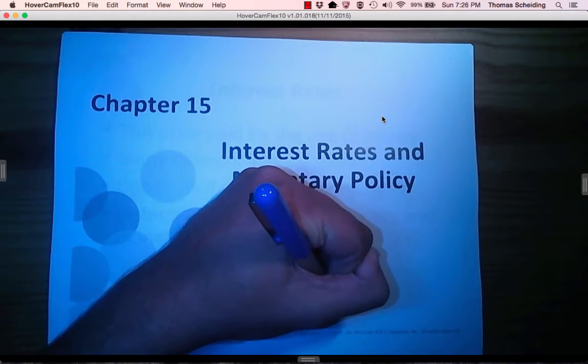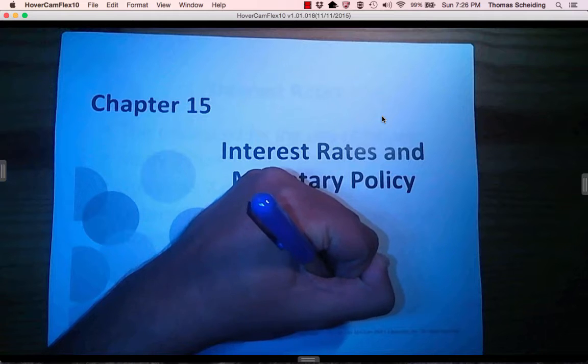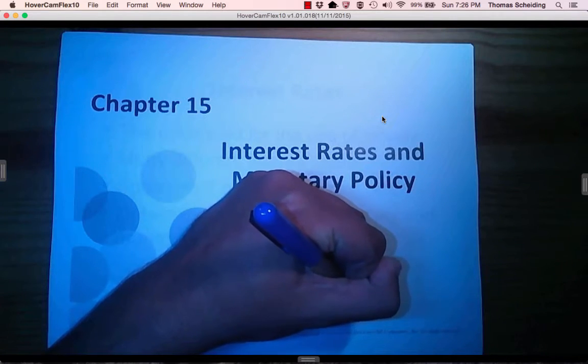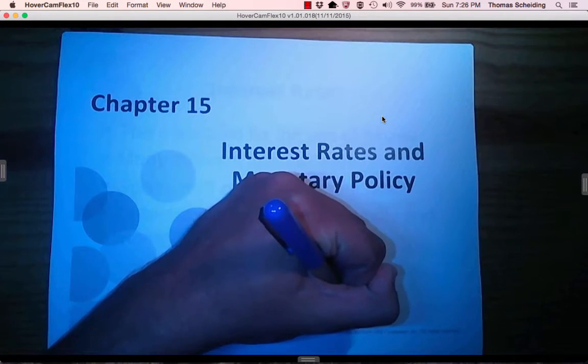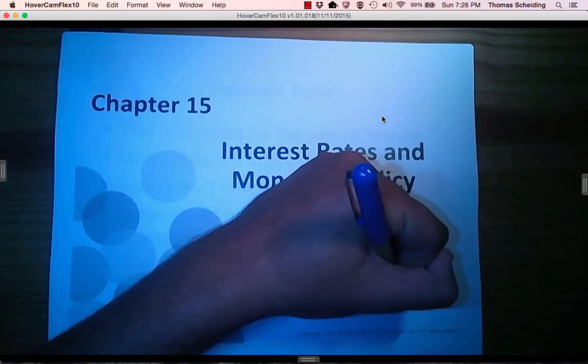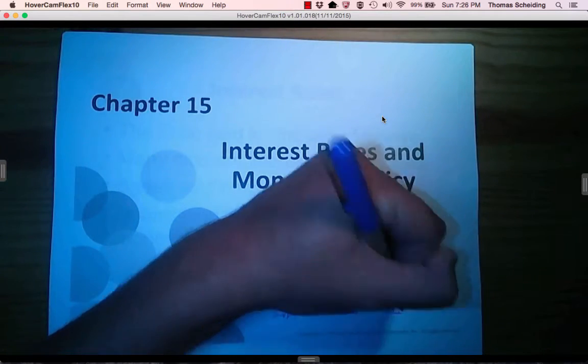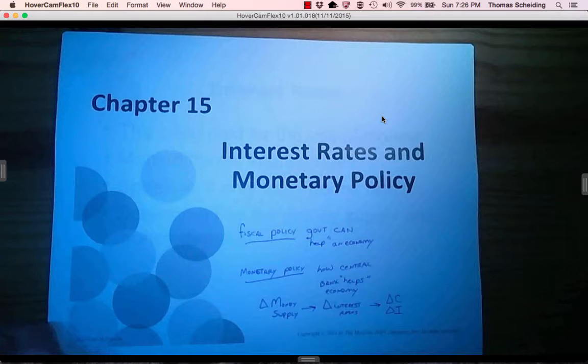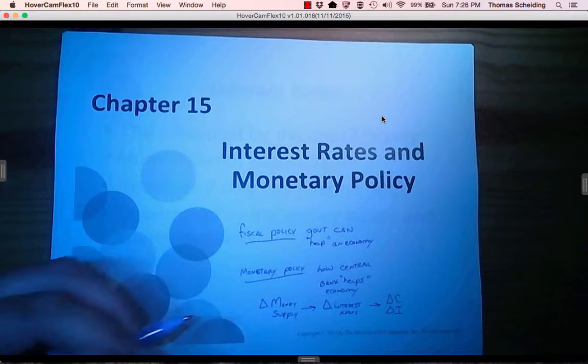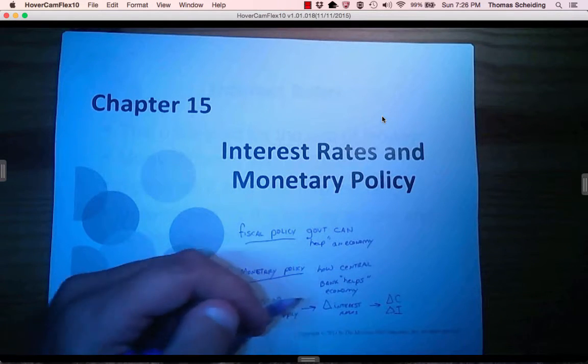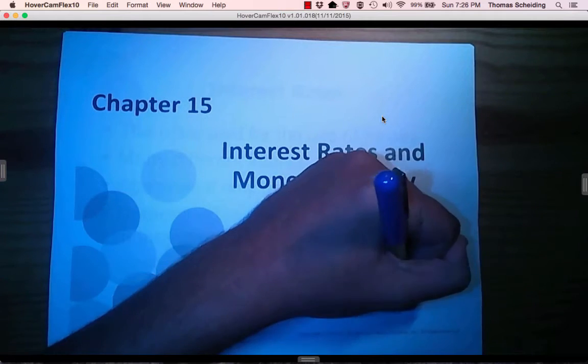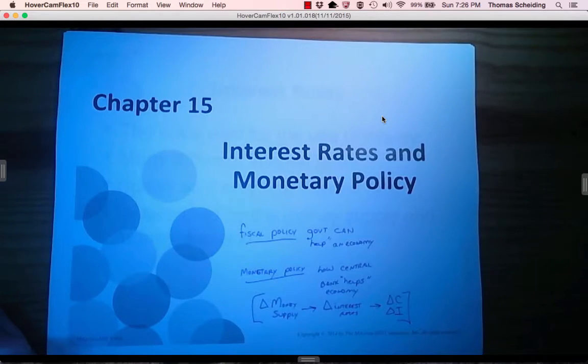It changes interest rates, which changes consumption and changes investment. This is how I can get the economy out of a recessionary gap.